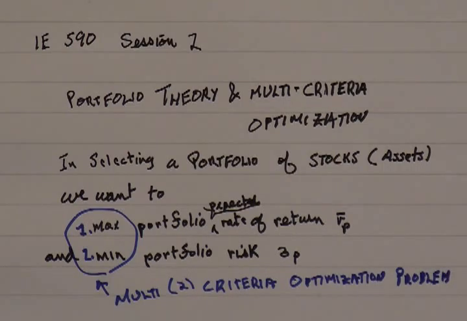Remember, before we said that if we could estimate the portfolio expected rate of return and we weren't worried about risk, then it would be a simple linear programming problem. But now we have to consider risk because stocks are inherently risky.